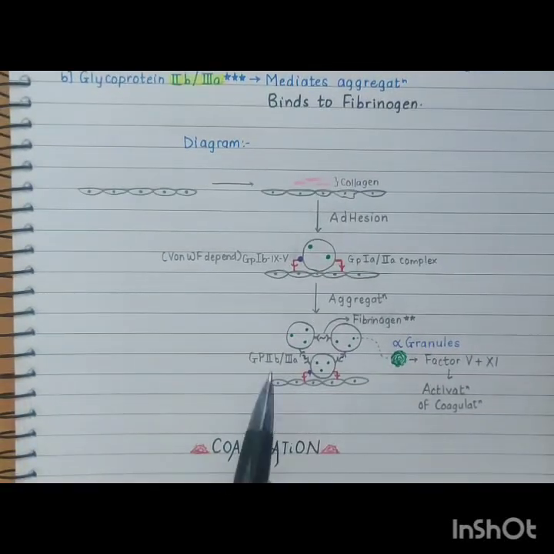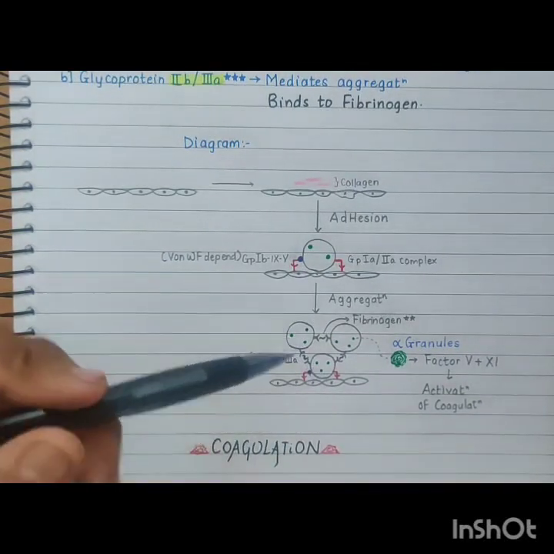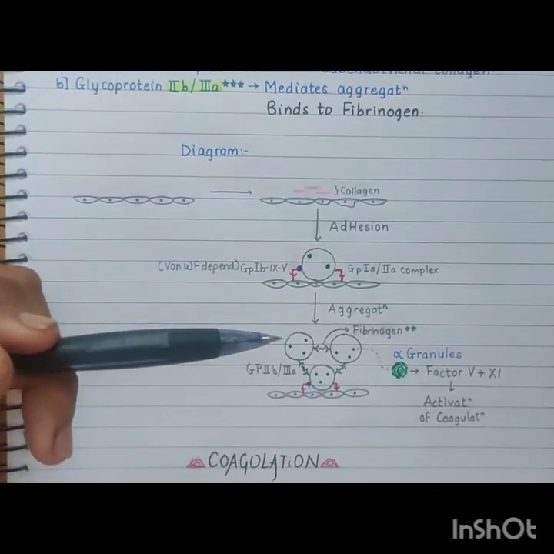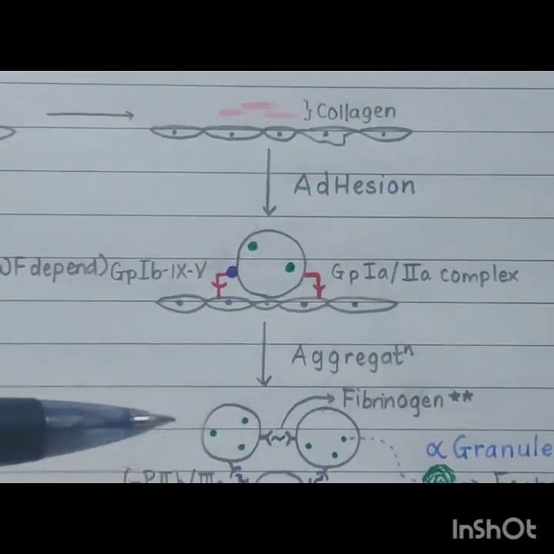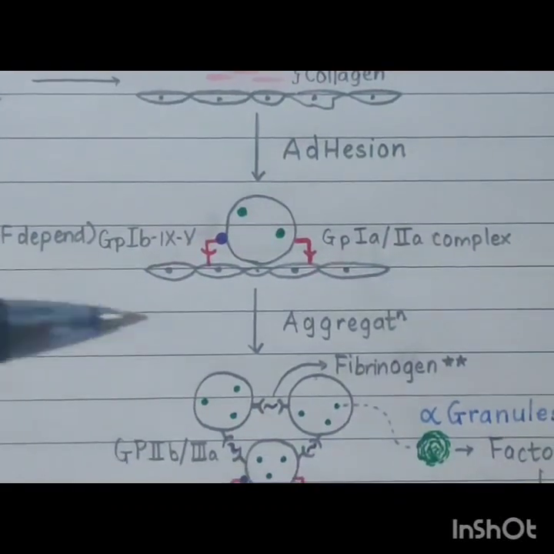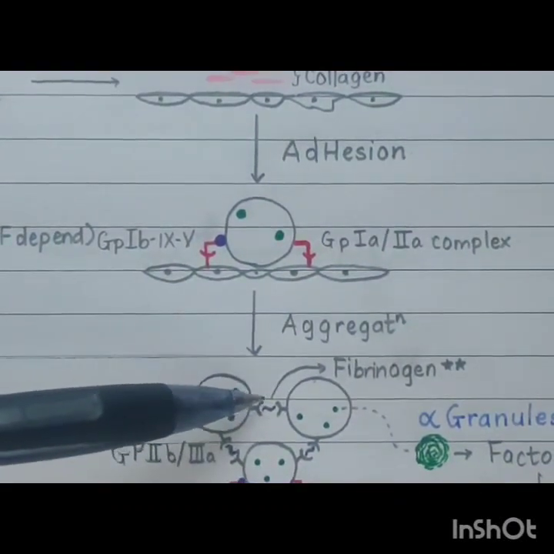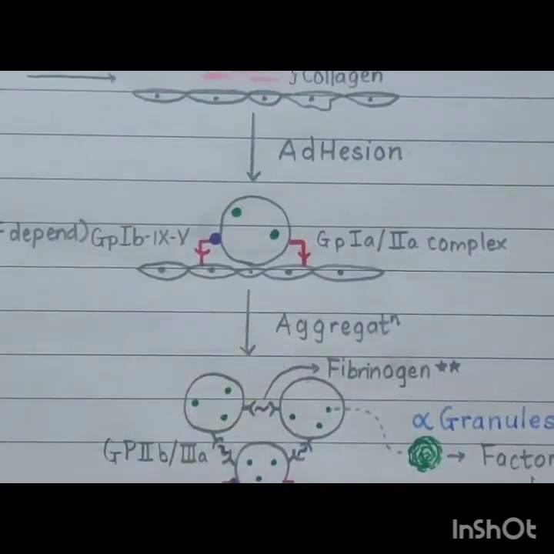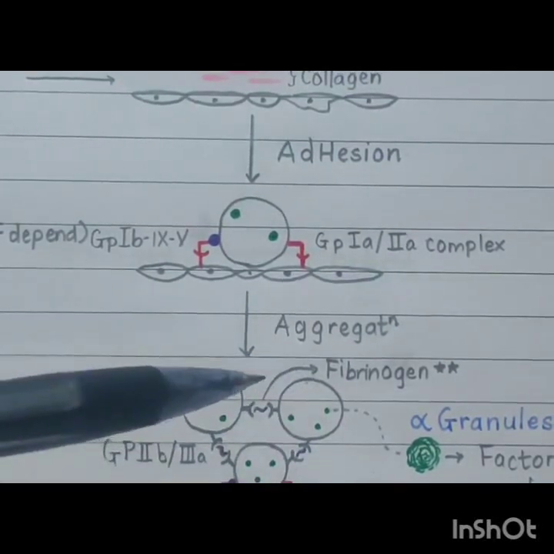Moving ahead, we've got aggregation which is going to occur with the help of this complex right here. So let me just zoom in right there. So here we can see that this right here is the fibrinogen and this is the 2B 3A complex which is actually helping in the entire process.